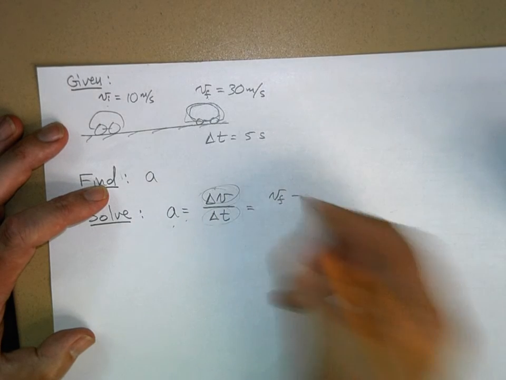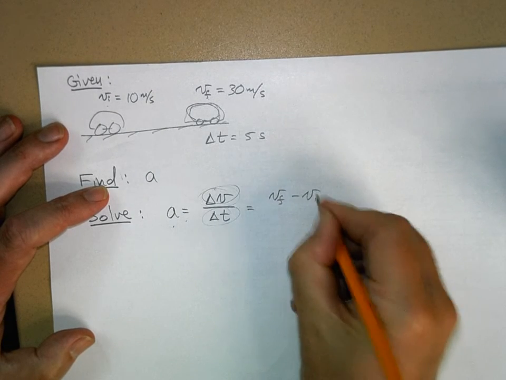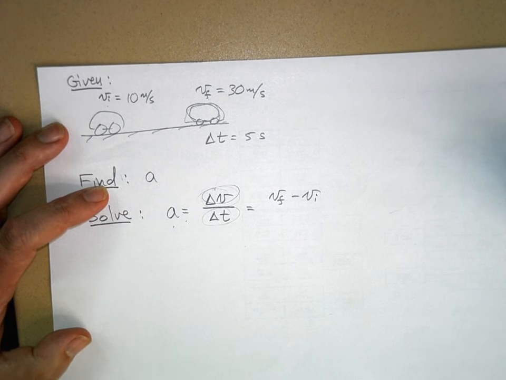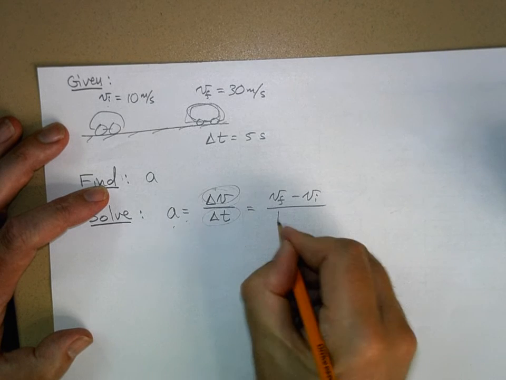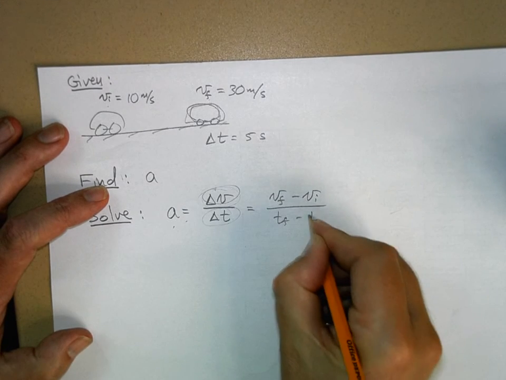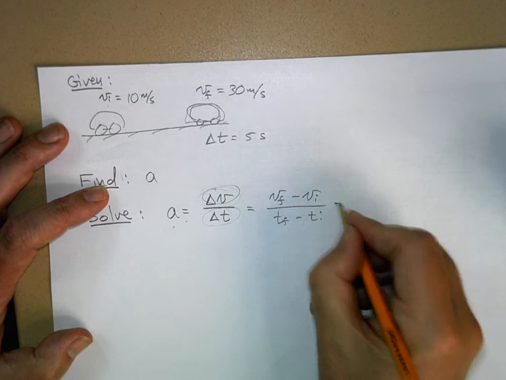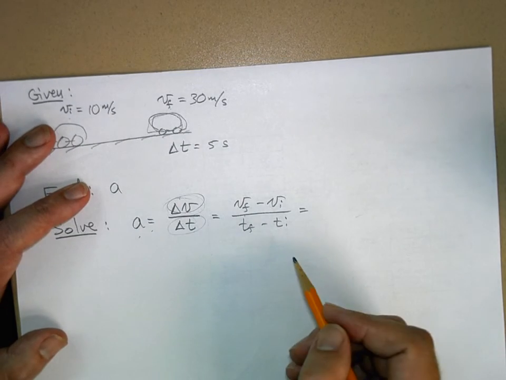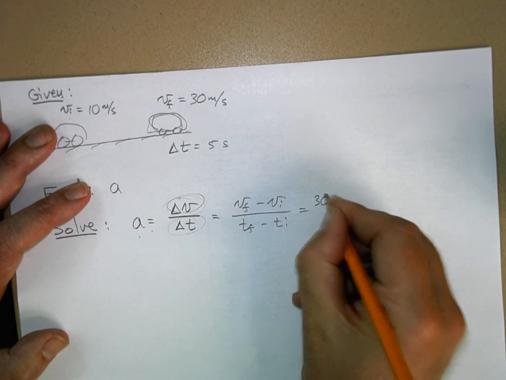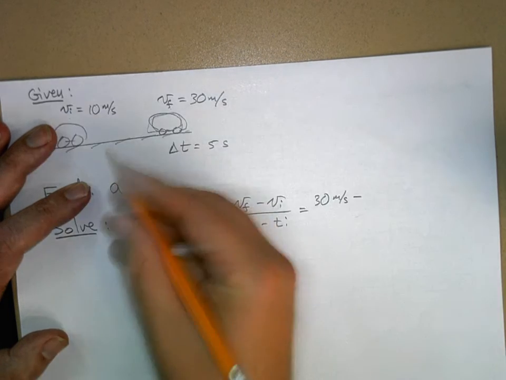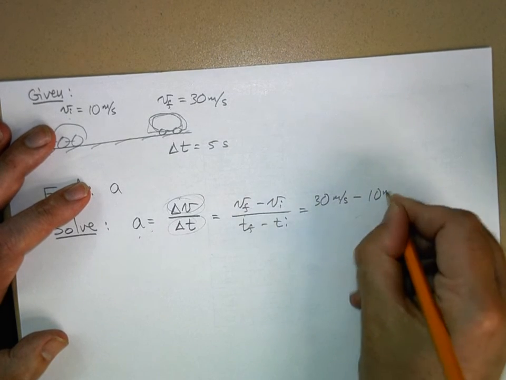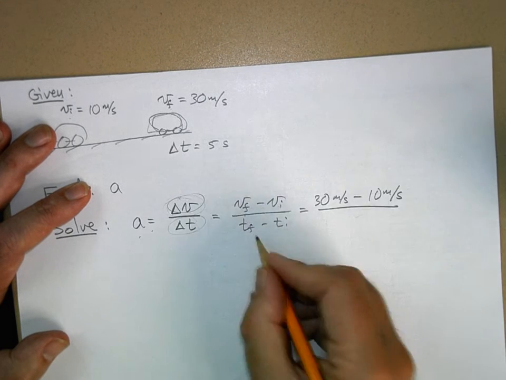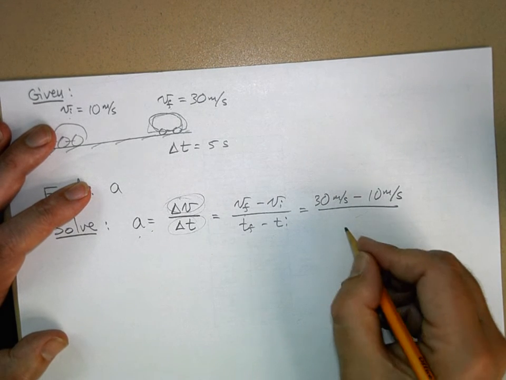Subtract from it where you started. Now you could do the same thing for time. What's the final time minus the initial time? But that's a little bit crazy for what we're doing. Well, the final velocity was 30 minus the initial velocity was 10. Now t final minus t initial, well, I'm just going to say that 5 seconds went by.